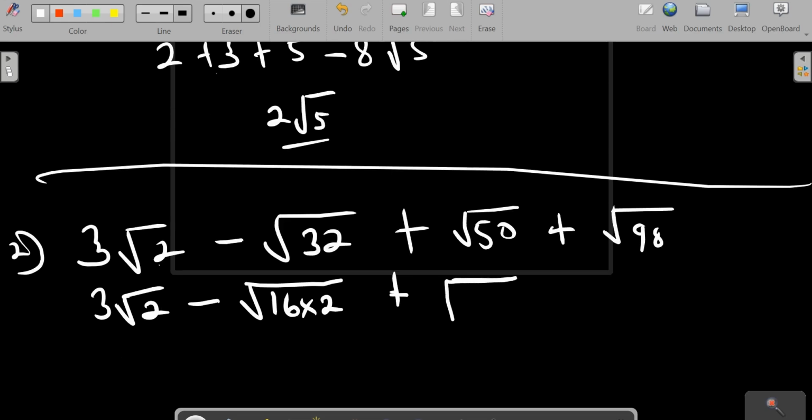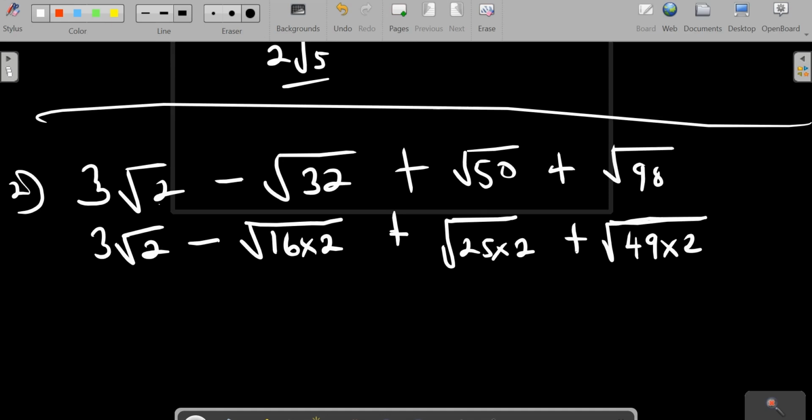So 25 times 2 is your 50. Then you have this. Can 2 go in 98? Yes, it can. 2 in 9, that will be 4, remainder 1. 2 in 18, that will be 9. So 49 times 2 is 98. Now you can go back to your question.